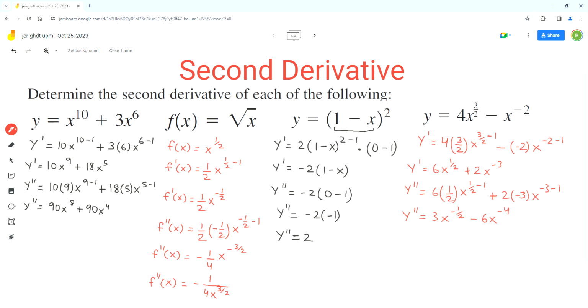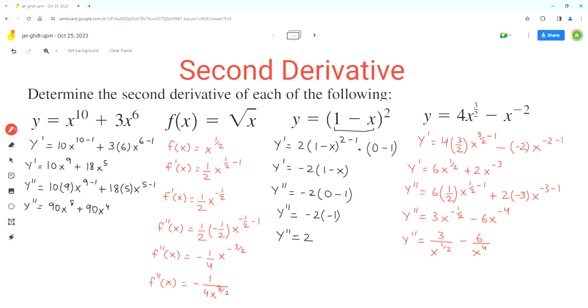Now we should make these exponents positive by moving the x terms to the denominator. So the double prime of y equals 3 over x exponent half minus 6 over x exponent 4.